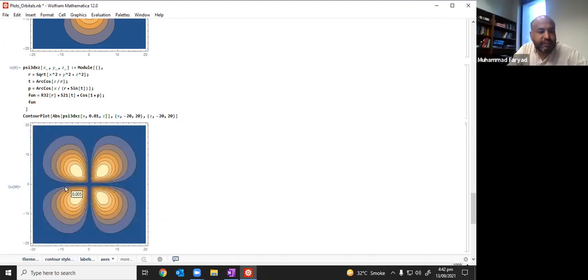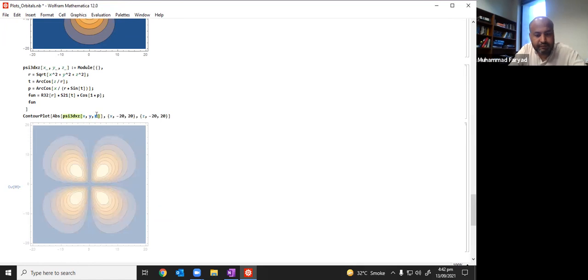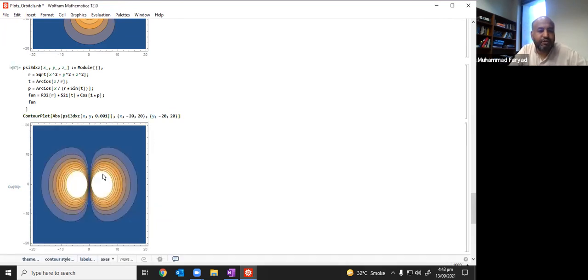Okay, so you see that in the xz plane it has these 4 lobes, and let's check in the xy plane. Okay, in the xy plane it has these 2 lobes, and in the xz plane it has those 4 lobes, and then it has 2 lobes in the other plane. So by combining these, you can construct a visualization.